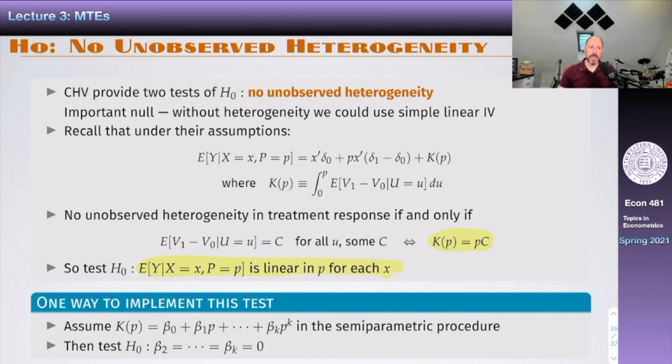So that's an immediate consequence of no unobserved heterogeneity. So one way that you can test this, and this is what I said when you write the same thing in terms of the marginal treatment effects being flat, is to define this kappa function semi-parametrically, or as a polynomial of some degree, and then test the hypothesis that all the coefficients beyond beta 1, beyond the linear ones, are 0.